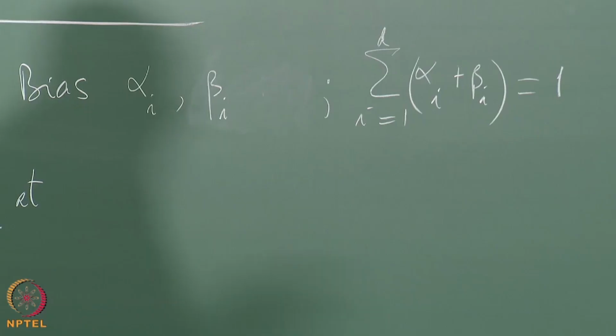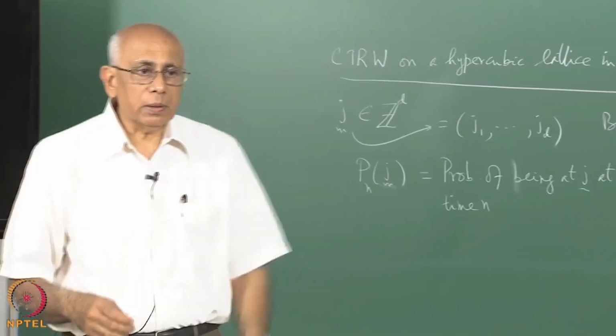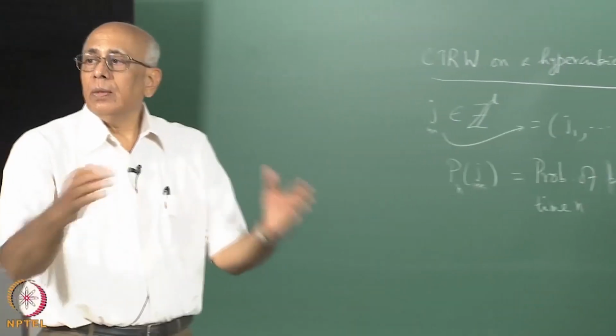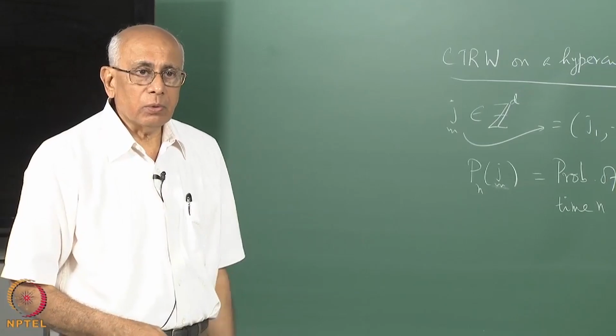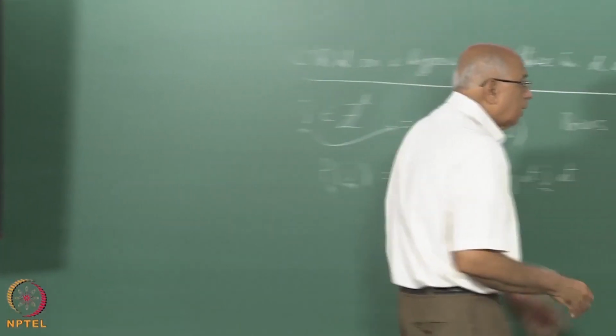So in each Cartesian component you have a bias and the total probability of a jump out of a site into any one of its nearest neighbor sites is equal to 1. Okay. So each of these is a fraction.